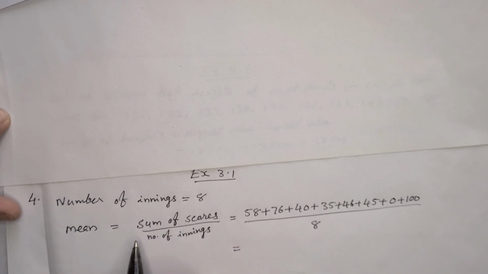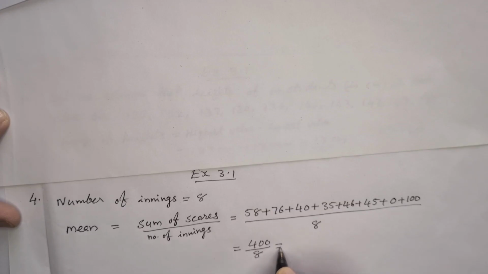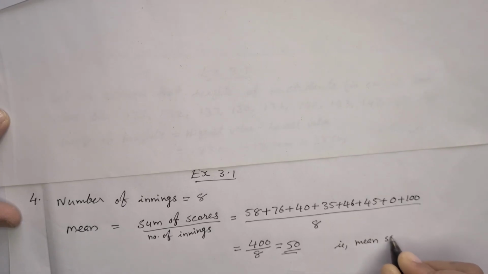Sum of all these observations is coming as 400. So 400 divided by 8, 50. So mean score is equal to 50.